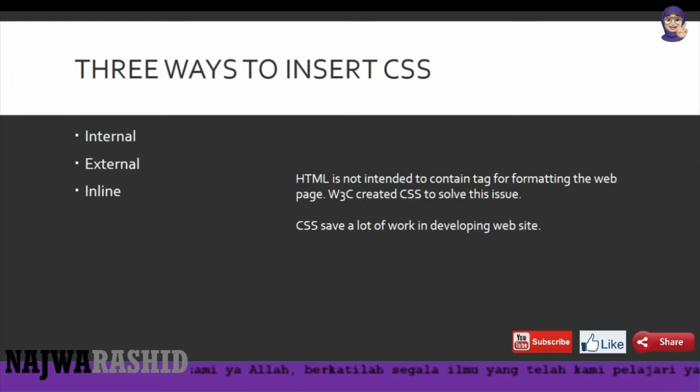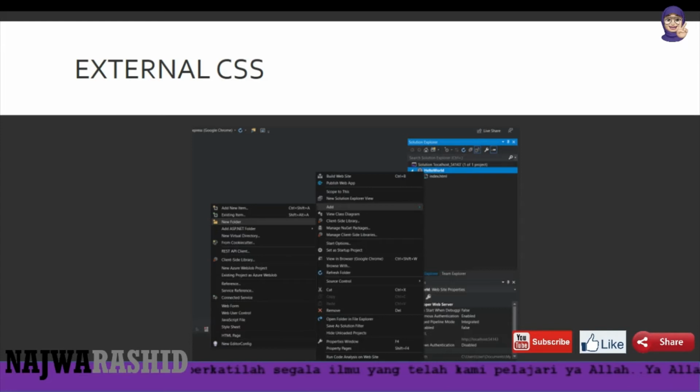We create an external CSS file and then import it into the HTML file that we want. And the third is inline. Inline means when we write the HTML code, after the tag we add the formatting.